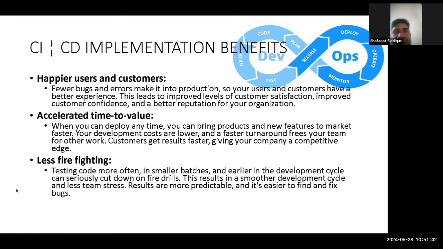So developers are also happy if our pipeline is perfectly designed. And less context switching, reduced burnout, faster recovery. Already I have discussed this. But how does the pipeline work? Next slide, please, sir.